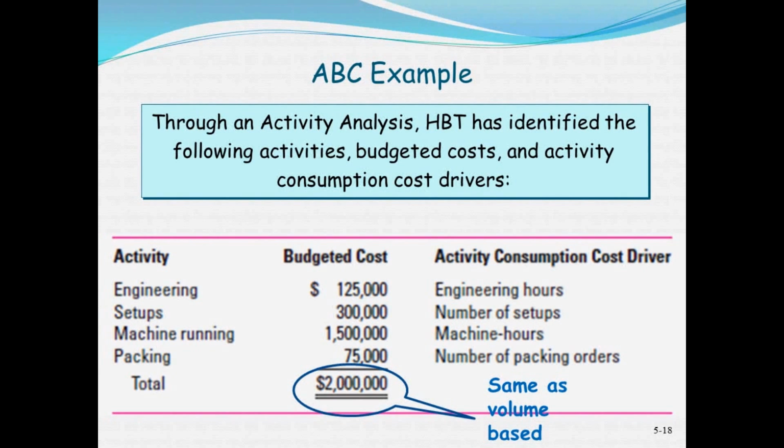Now, the total overhead has got to be the same in both cases, whether it's activity-based or volume-based. That $2 million that was allocated on the volume basis is the same $2 million here. What they determined through their activity analysis was that engineering was $125,000, setup $300,000, machine running was the vast majority of it, $1.5 million, and packing was $75,000.